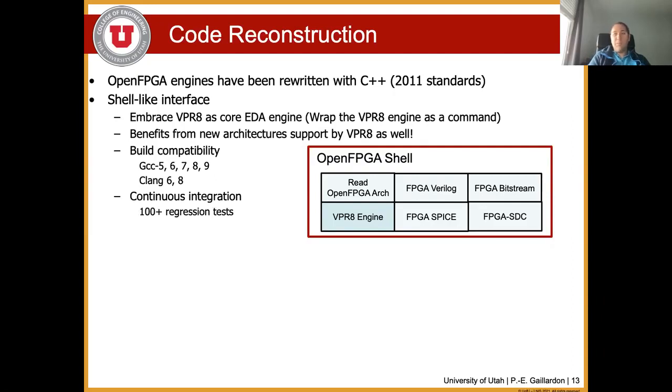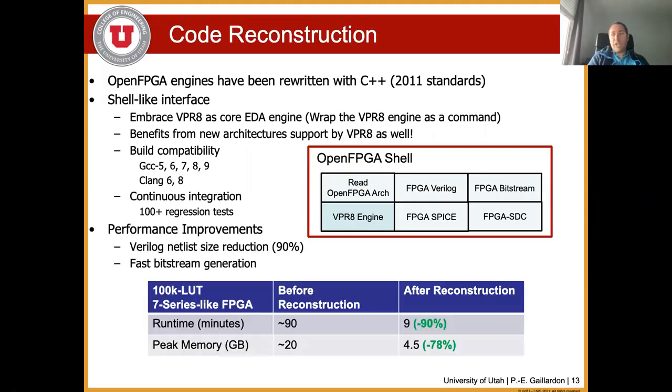Very large build compatibility and a very large CI have been implemented. That was one of our focuses for the past year: cranking up the level in terms of software integration and code quality. I believe we're in pretty good shape now. And obviously, as part of that, we created very significant performance improvements.